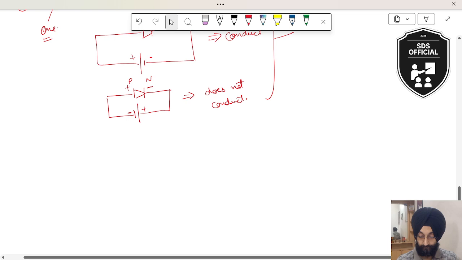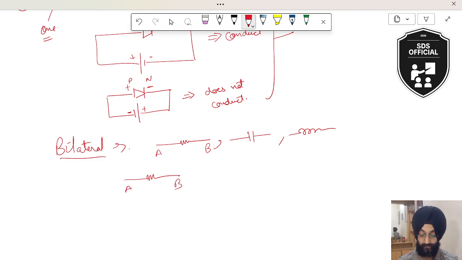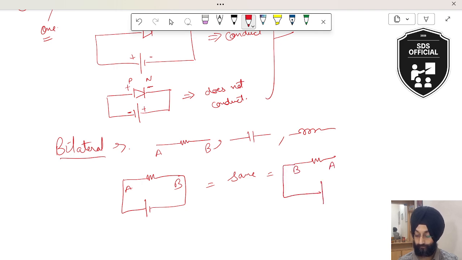Now, what are bilateral devices? Bilateral devices are those whose operation remains the same irrespective of the direction. For example, a resistor, capacitor, inductor. It doesn't matter if we connect, let us say this is terminal AB, with the supply positive and negative, it will behave the same when I reverse the direction of this element.